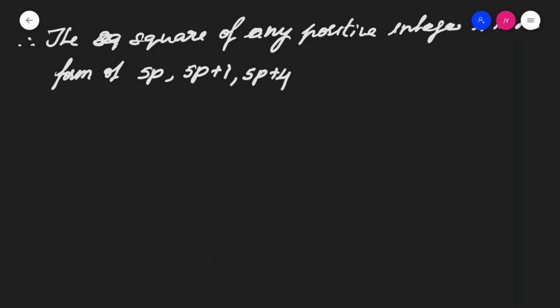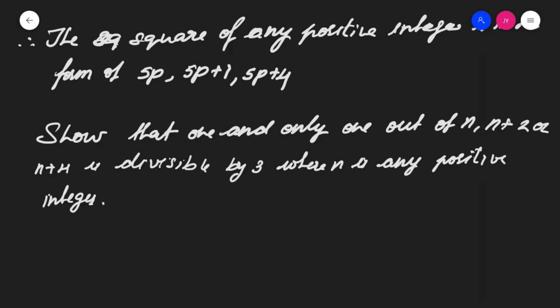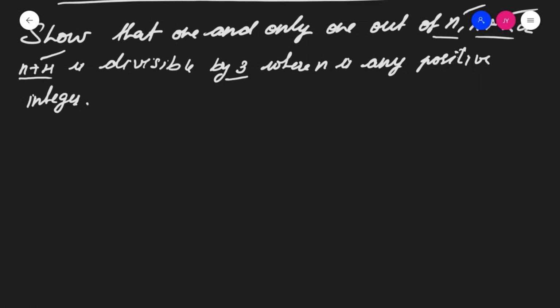So let us do another different type of sum. Question is: show that 1 and only 1 out of n, n plus 2 or n plus 4 is divisible by 3, where n is any positive integer. You'll understand when we do the sum.